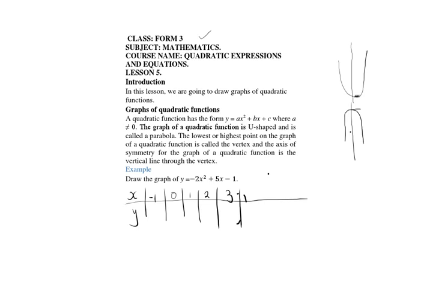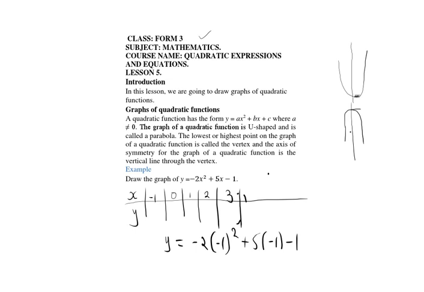So the first one will have y equals -2 into brackets x as -1, then it is squared, plus 5 into -1, then minus 1. So -1 squared gives us +1.